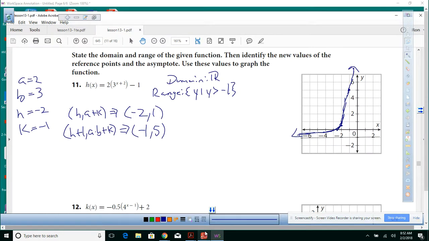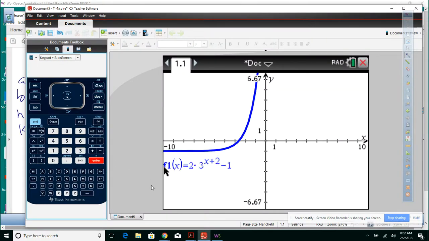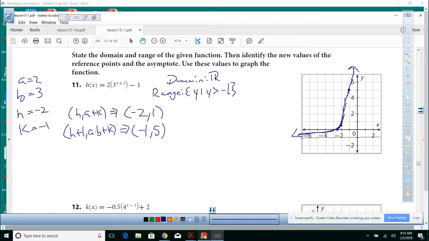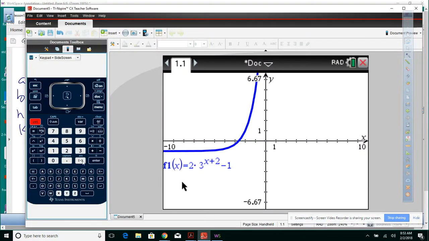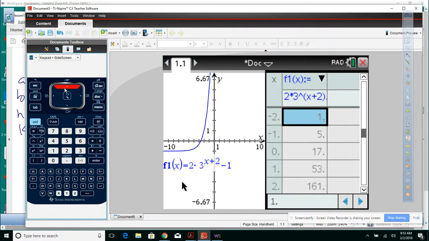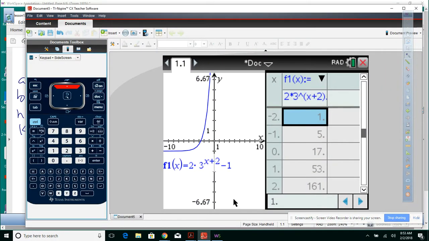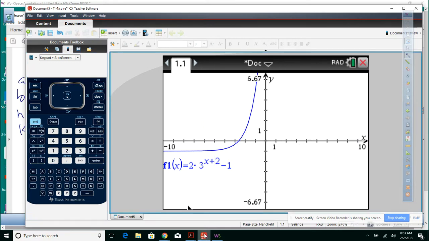There we go. Let's press graph. Now we picked some points, -2, 1 and -1, 5. So control T, -2, 1 and -1, 5. There it is. We got them. Control T. I like it when it works.